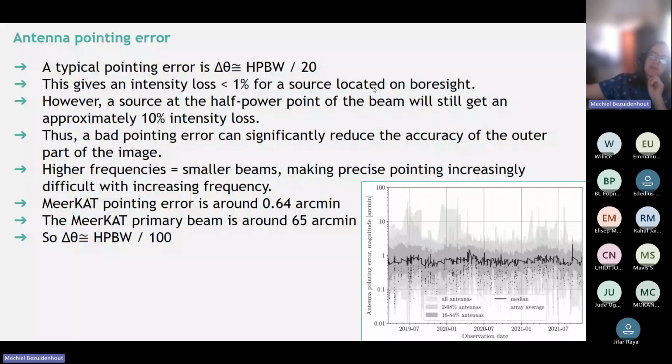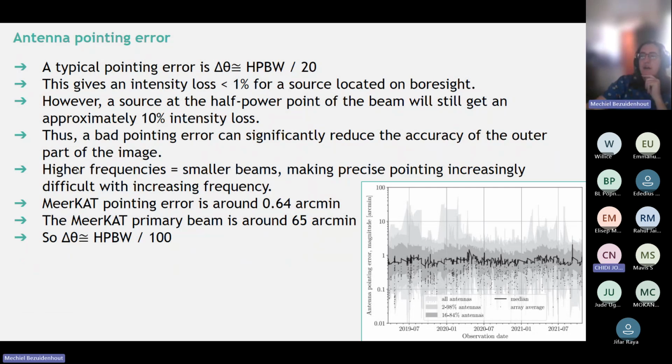But if the source is far from the bore site, off towards the half power point of the beam, then immediately you get a 10% intensity loss. So a bad pointing error can significantly reduce the accuracy on the outer part of the image. It's not such a big problem for the center, but on the outer part of the image, it can be a very big factor.